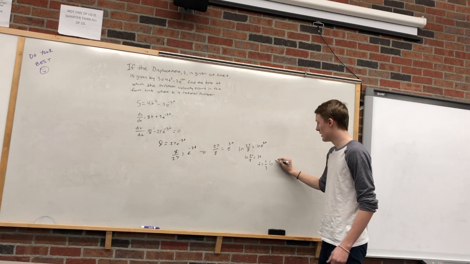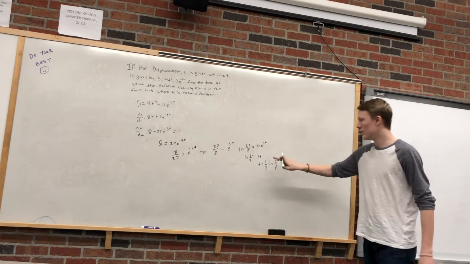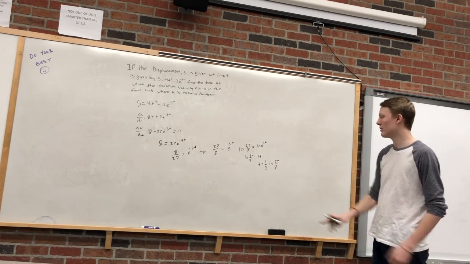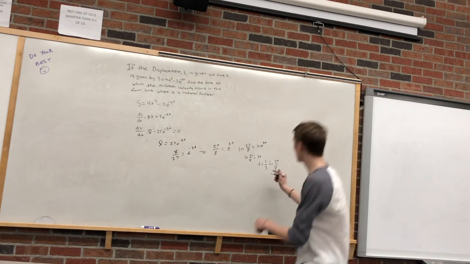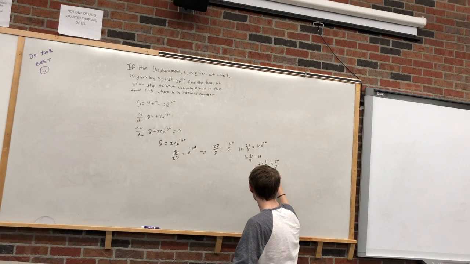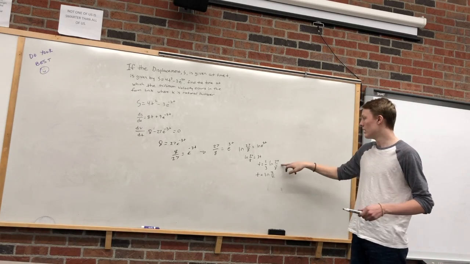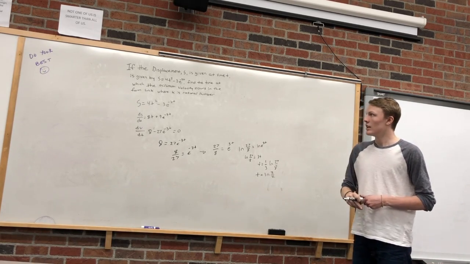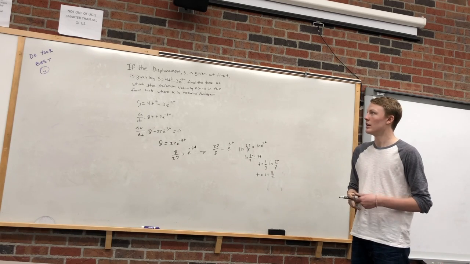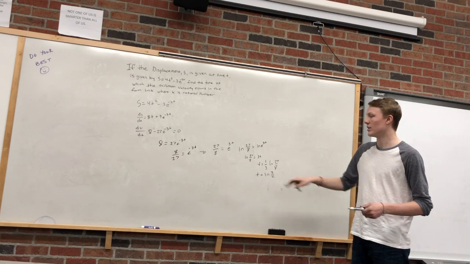It's still ln of 27 over 8. And then when we multiply by 1/3, we get t is equal to ln of 3 over 2 when the fraction is reduced. And so the time at which the minimum velocity occurs is ln of k, where k is a rational number.